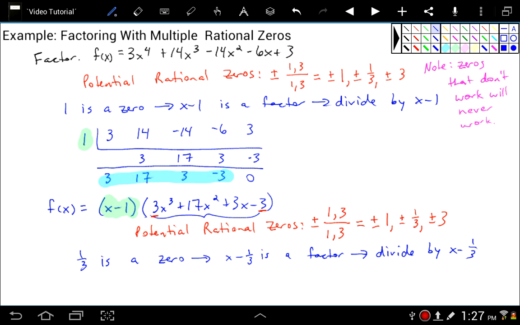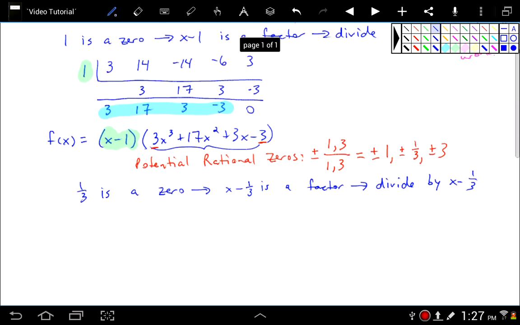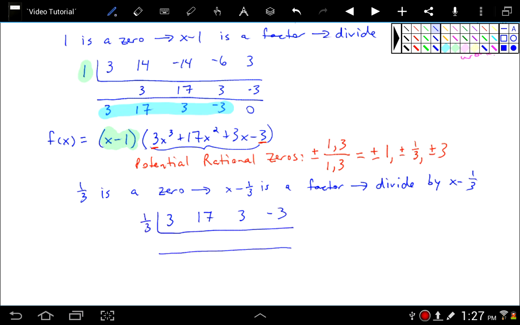So let's do that. I'm going to take 3x cubed plus 17x squared plus 3x minus 3. So in other words, I have 3, 17, 3, negative 3. I need to divide by x minus 1/3, so I put a positive 1/3 here. And then I divide. So now, at this point, I have f of x equals my x minus 1 from before.